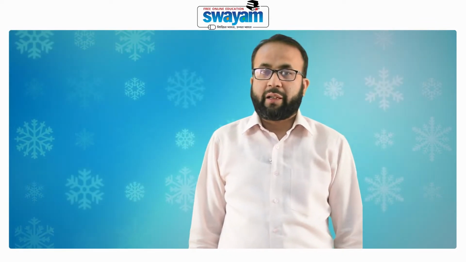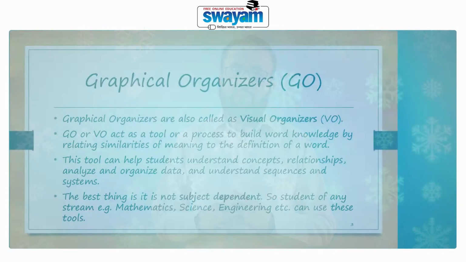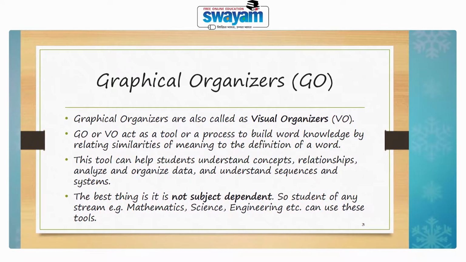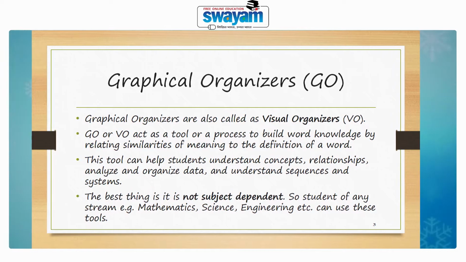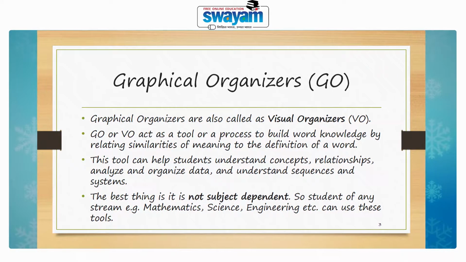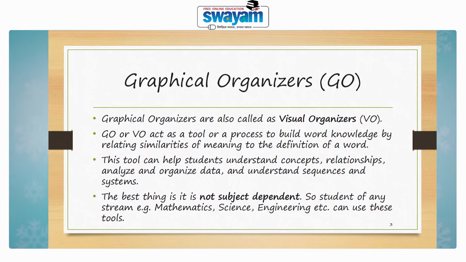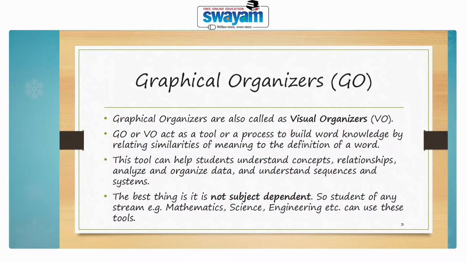So, let us begin our topic with the definition of graphical organizers, which is also called GO in short form. Graphical organizers can also be called visual organizers. These GO or VO act as a tool or a process to build word knowledge by relating similarities of meaning to the definition of a word.